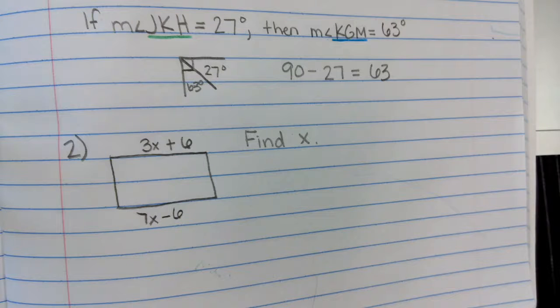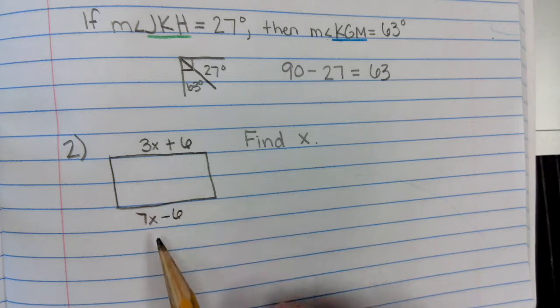Yeah, they're congruent. They're the same. If they're congruent, that means that they are equal. So we're going to write our equation. We're going to say 3x plus 6 equals, what's the other side? 7x minus 6. And then we're going to solve that equation.